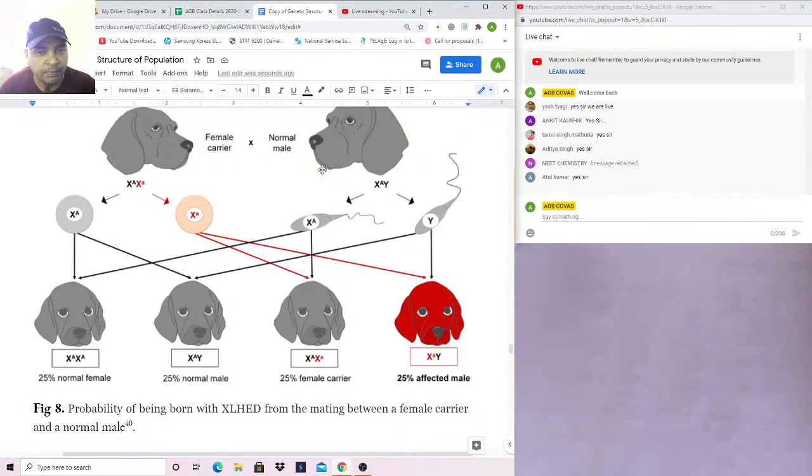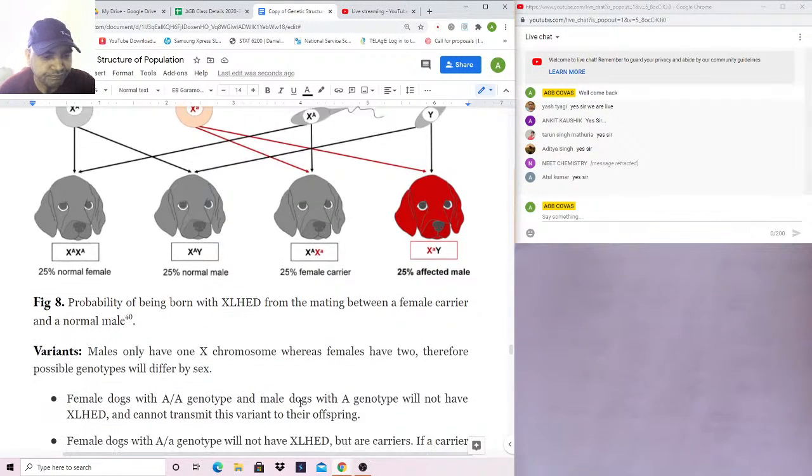It mates with a normal male. So these are the two alleles formed by the female, and these will be the alleles formed by the male. So ultimately 25% normal female, 25% normal male, 25% female carriers and 25% affected male will be produced from this mating. Okay, so this is how this is being transmitted in the progeny, right?